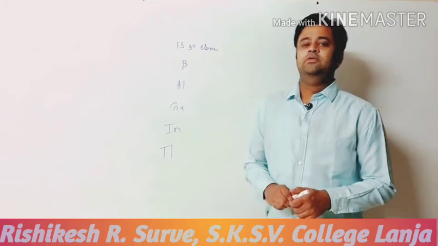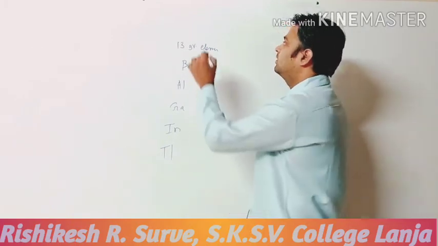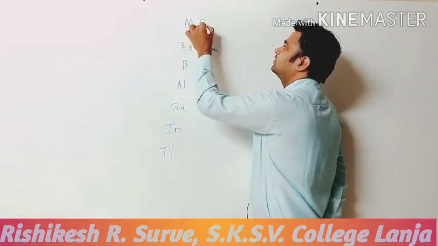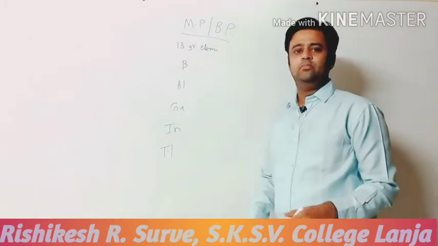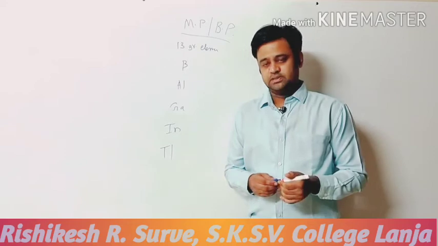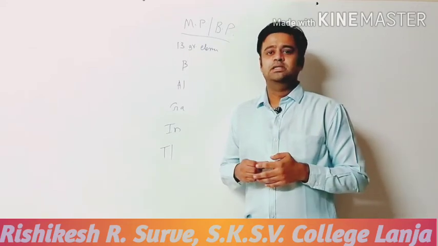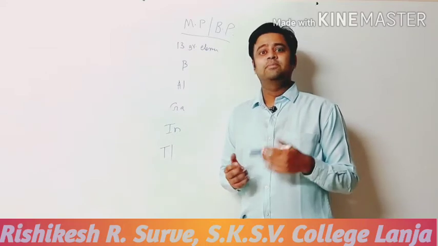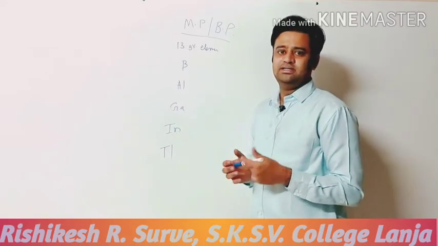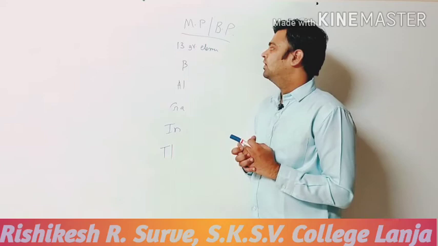Now the last property we will see is melting point and boiling point. You know what melting point and boiling point are. The temperature at which a solid melts is the melting point, and the temperature at which a liquid vaporizes is the boiling point, right? Now these are the simple definitions.